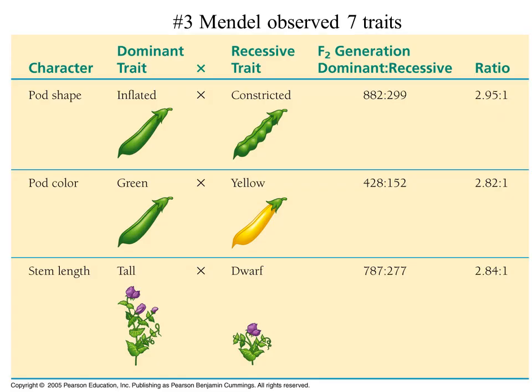The third key decision that Mendel chose is to look at multiple characteristics, to look at multiple traits. Mendel chose 7 traits. Some of them are, he looked at the pod shape, he looked at the pod color, he looked at the stem length.